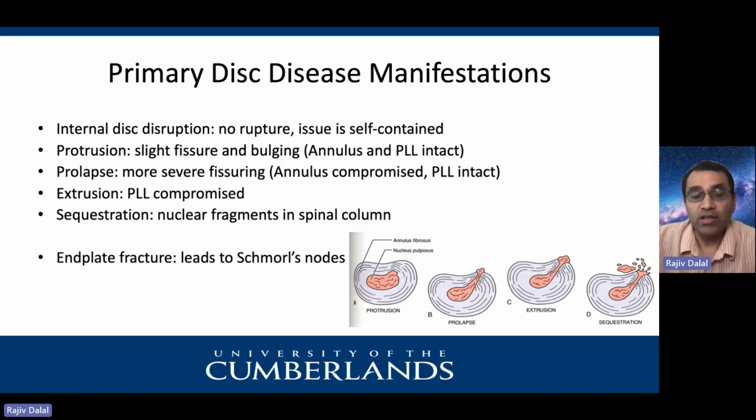Now, keep in mind, depending on the level of trauma, a patient may come see you with back pain, and they may be at any level of this primary disc disease, just depending on how severe the trauma was and how well equipped their spine and discs were to handle the resultant load. And as I mentioned before, this disc material can bulge into the vertebral end plate. So we call that a vertebral end plate fracture, also referred to as a Schmorl's node.